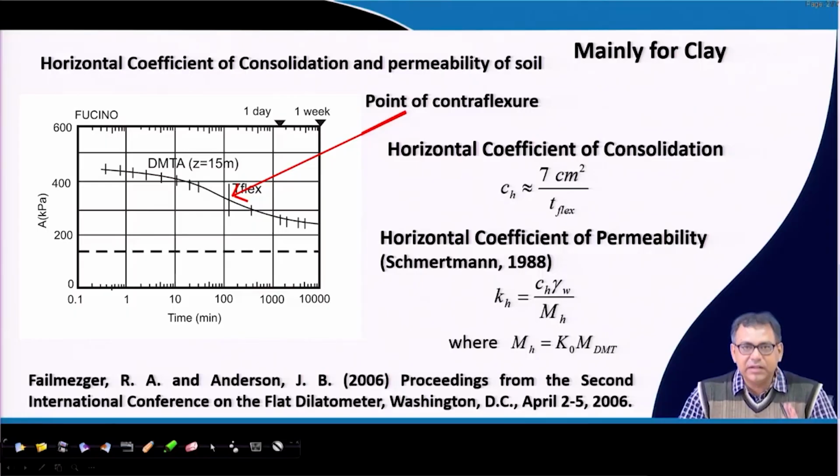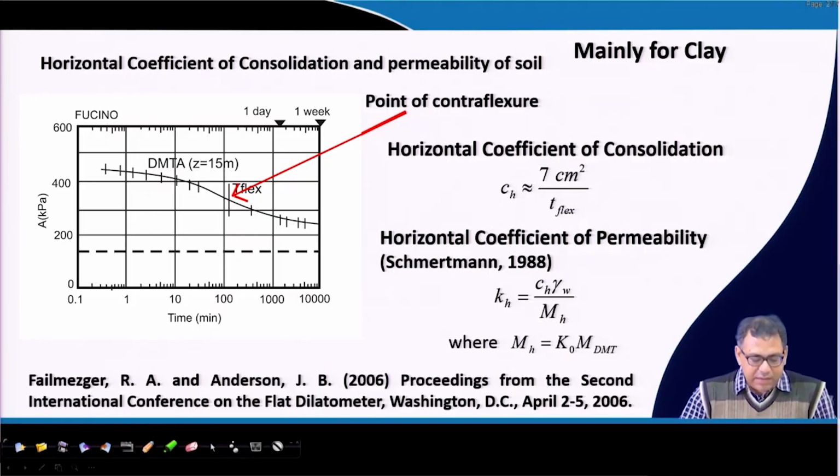We will keep this instrument under A reading condition, and we will take the reading at different time intervals. Clear? So, we will keep on taking this reading with different time intervals.